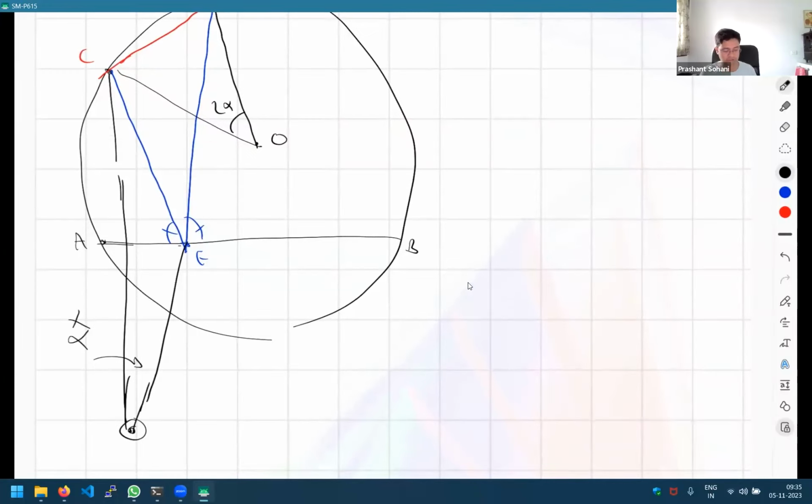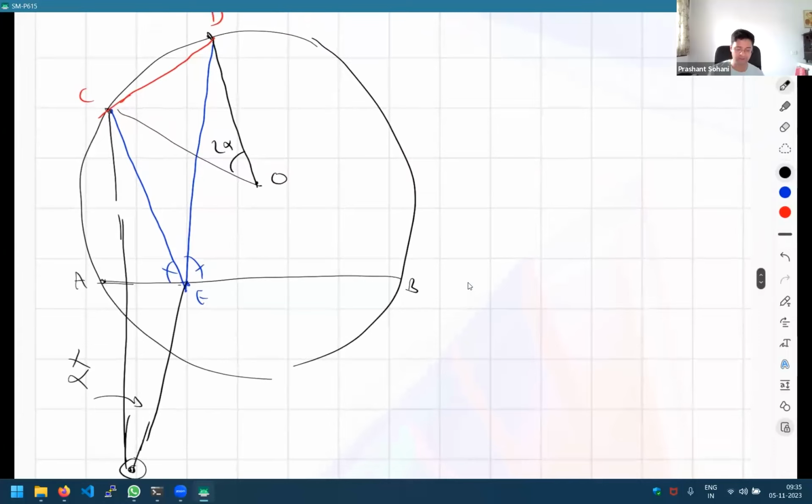There is something different this time. I'm not expecting to get the same property. Maybe the property is different, but I feel there might be some property about this diagram that we can explore and try to locate. Okay, we'll think for a few minutes whether anything interesting is emerging from this diagram.